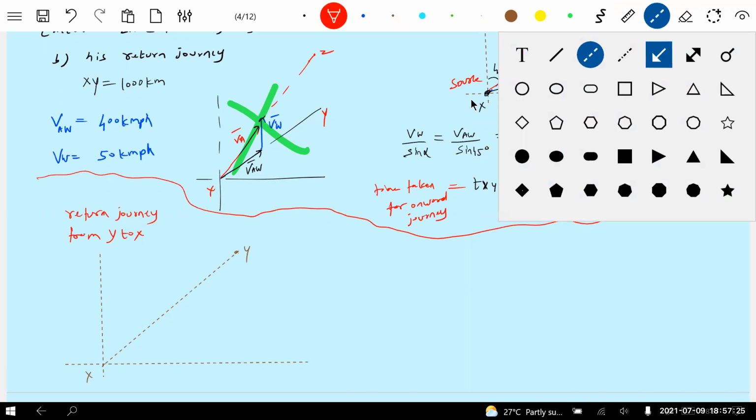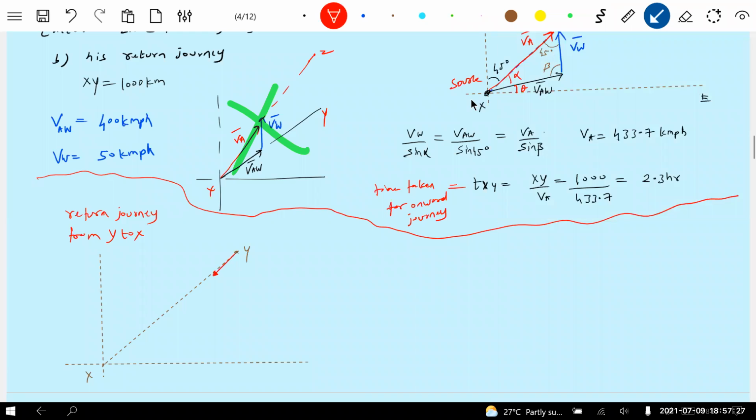I think now we are very good in this topic. The velocity of the aircraft with respect to wind, let it be directed along the path. Then the wind is blowing in this direction.